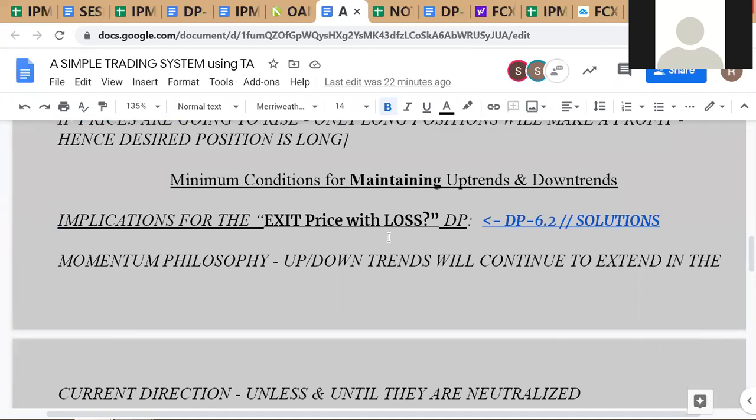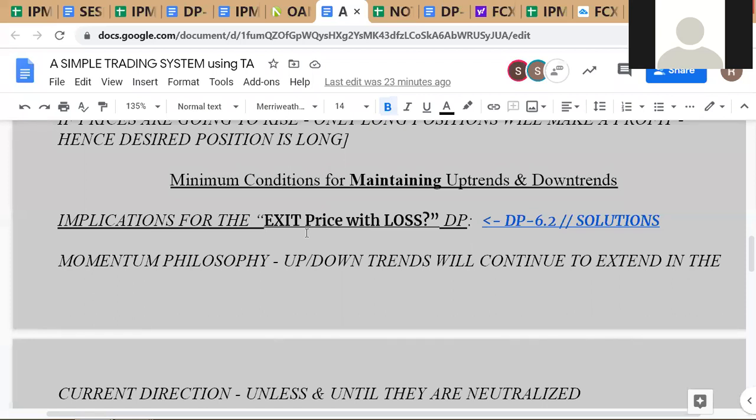When will I exit? I will exit when the assumption based on which I entered is destroyed. I made an entry based on a certain assumption. If that assumption is destroyed, then I should exit if possible. Sometimes in life it's not possible, but in trading it's possible.